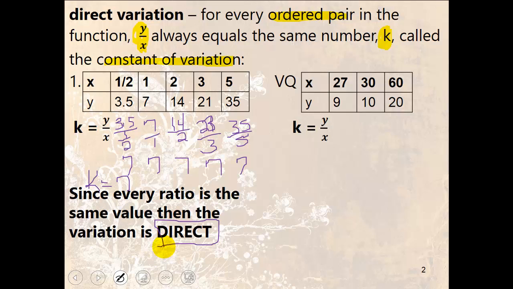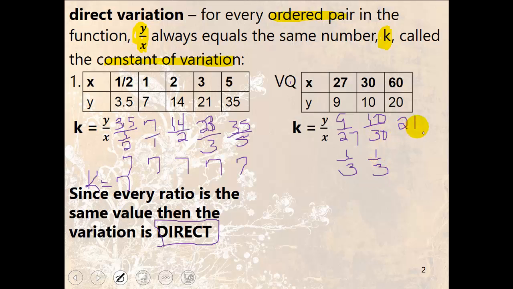All right, so why don't you try this video question and see if that represents a direct variation problem. All right, so here we go. I'm going to check my ratio y divided by x. That's 9/27. That's a third. That's 10/30. That's a third.